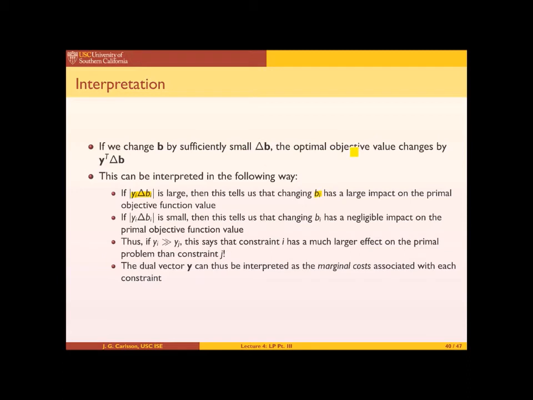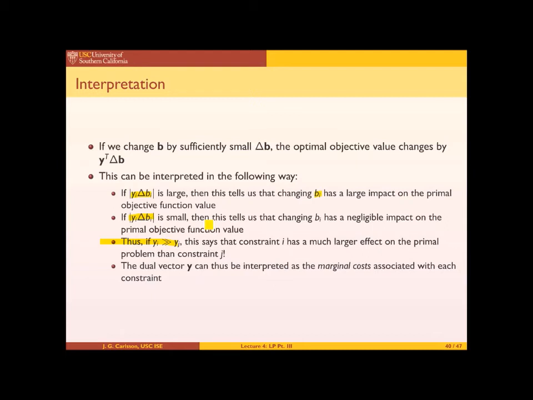On the other hand, if that value is small in absolute terms, then it doesn't affect you very much. So what does that suggest? A big dual variable, a dual variable that is very high, tells you that constraint is really hurting you.